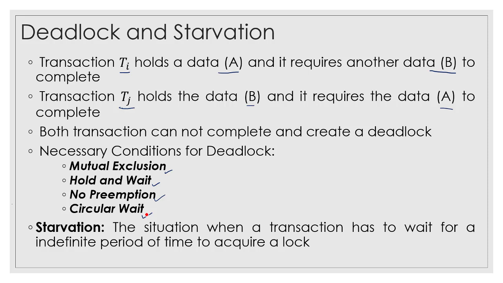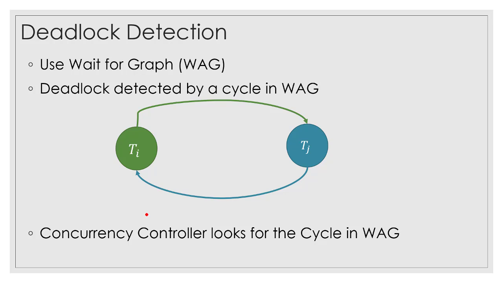There are several methods. The first one is deadlock detection. So we need to detect the deadlock in the transactions. For that, we are going to use the wait-for graph. What is a wait-for graph? In a wait-for graph, there are some nodes and some directed edges. Each transaction represents a node, and each directed edge represents the dependency between the transactions.